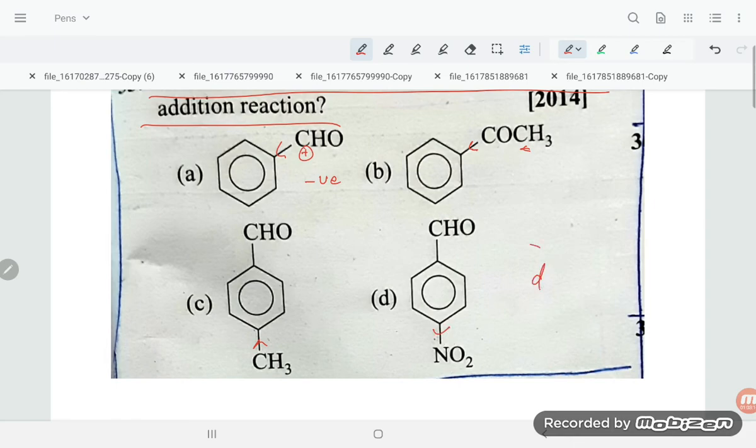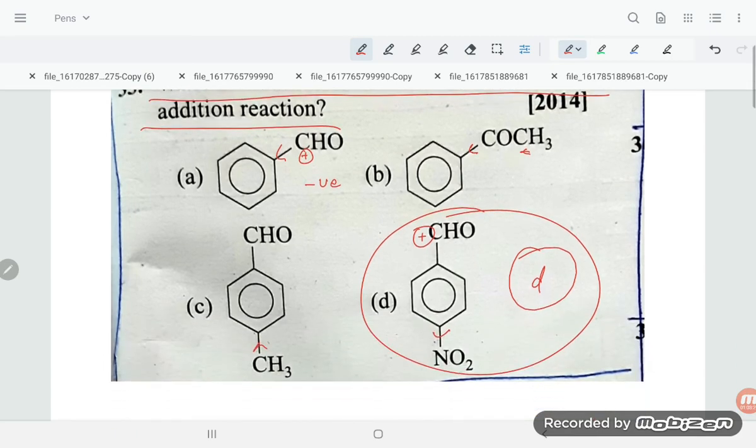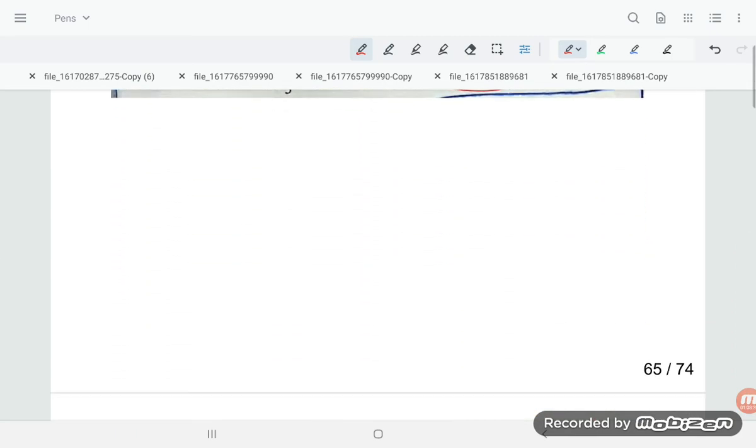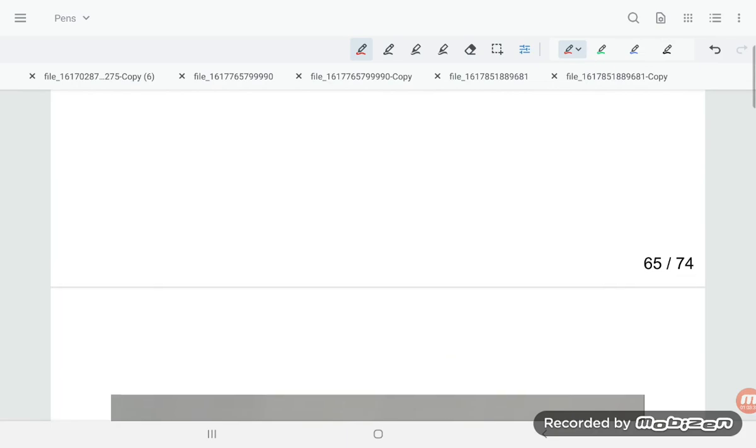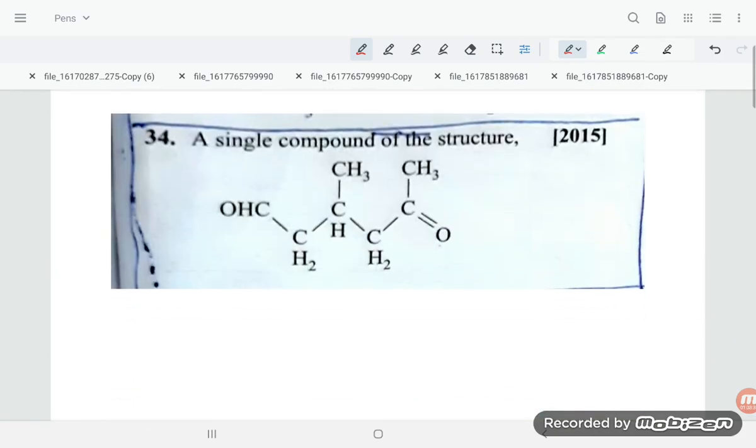So first one is the D will be a highly electron withdrawing group. So this is the positive, so this will be highly reactive towards nucleophile, most reactive, option number D will be our correct answer, students. Okay, so correct answer is option number D, because NO2 group is a strong electron withdrawing group.